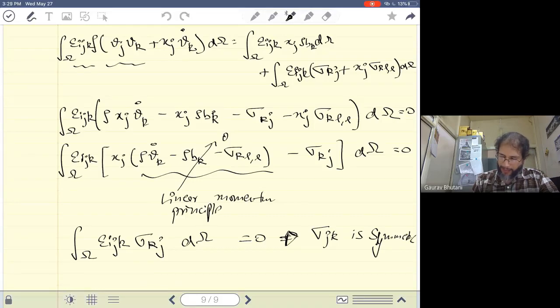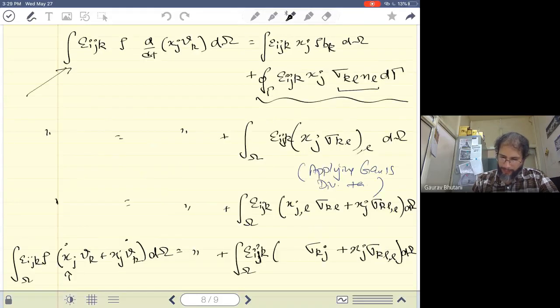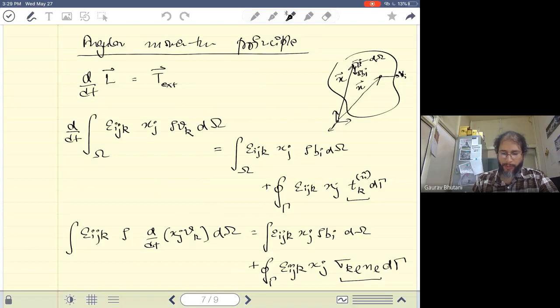And remember that while starting the angular momentum principle, we said that the net external torque acting on the body leads to an increase in the angular momentum only. We can always have concentrated moments acting on the system, which also come on the left hand side. But it's only true for polar materials that we have concentrated moments.